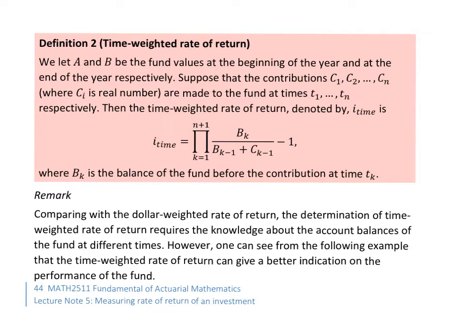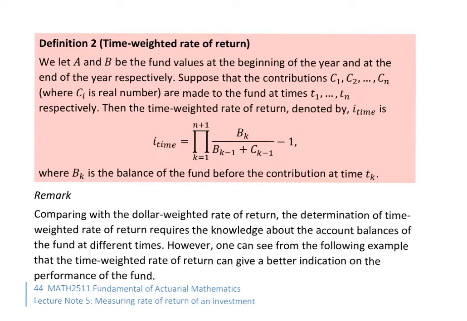Just one very small remark here. When you want to compute this time weighted rate of return, compared with the dollar weighted rate of return, besides knowing the account balance at the beginning and the end of the investment year, we also need to know the account balance at the intermediate times, when you make your deposits.